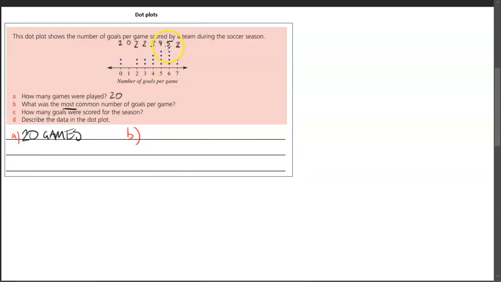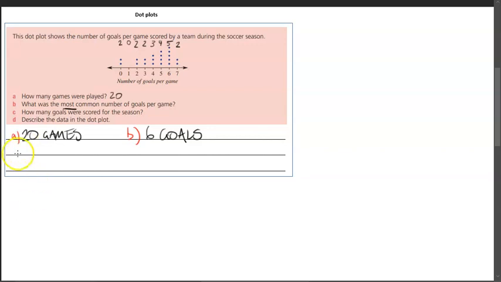To say it in a more cohesive way, there were 5 separate games where the number of goals scored was 6, that being the most. So what was the most common number of goals per game? 6. 6 was the most common number of goals, so 6 goals.